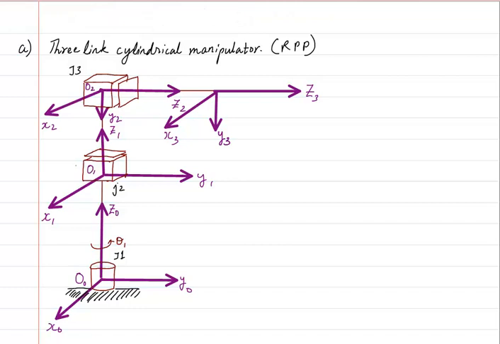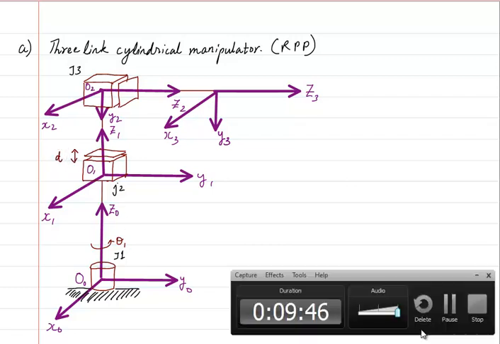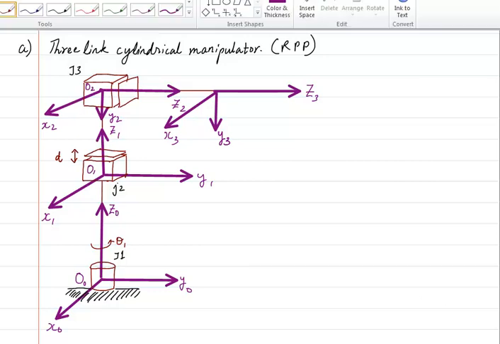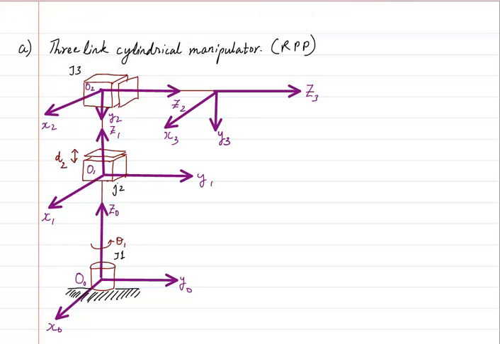Theta1 is the movement of this joint. This joint is going to have a movement of, let's say, D, which, let me number it because it's for the second joint, I will number it as D2. Similarly, here I am having a movement which is again a linear movement, which I will name as D, and since the joint is the third joint, I will name it as D3.